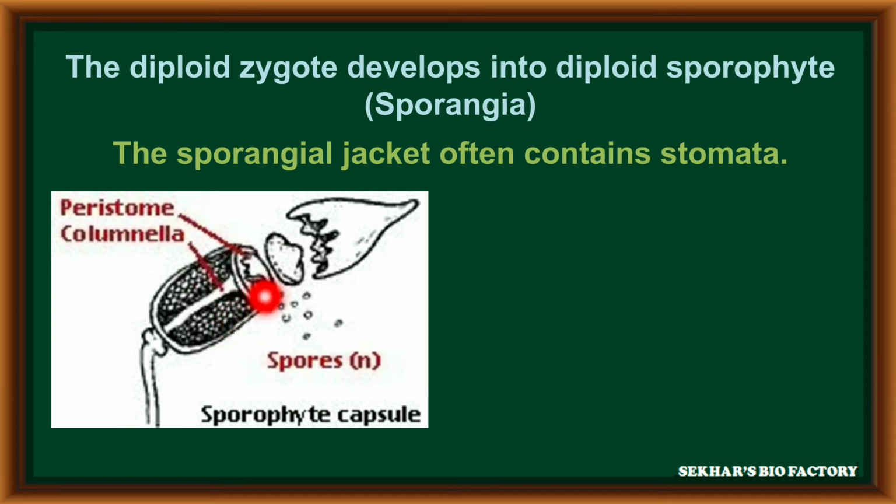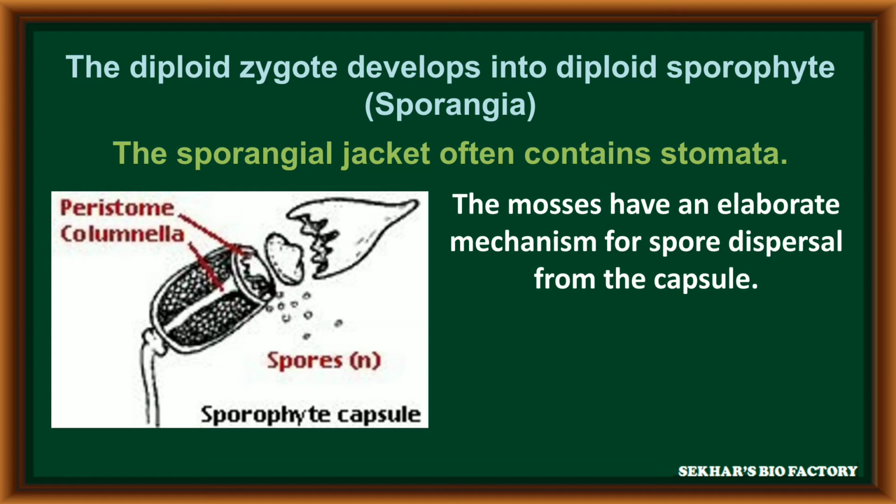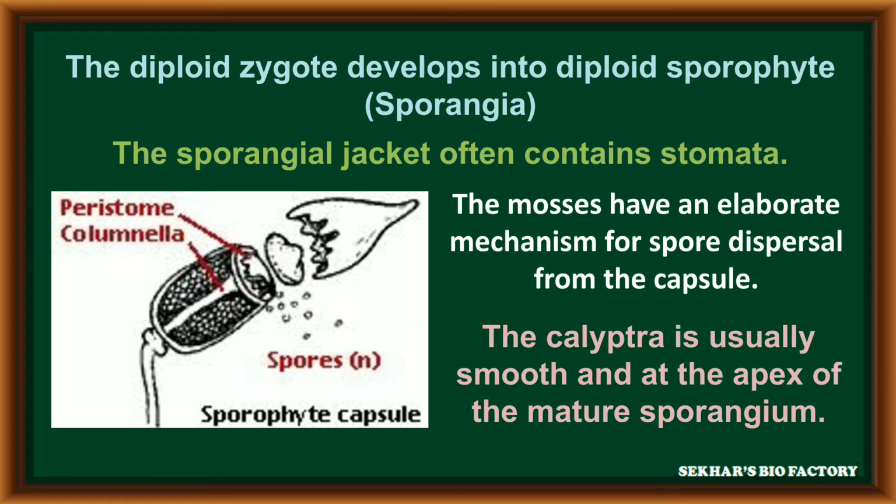This sporangium is covered with a single layer jacket, and it even has stomata. The mosses have an elaborate mechanism for spore dispersal from a capsule, called the sporangium. The calyptra is usually smooth and present at the apex of the mature sporangium.